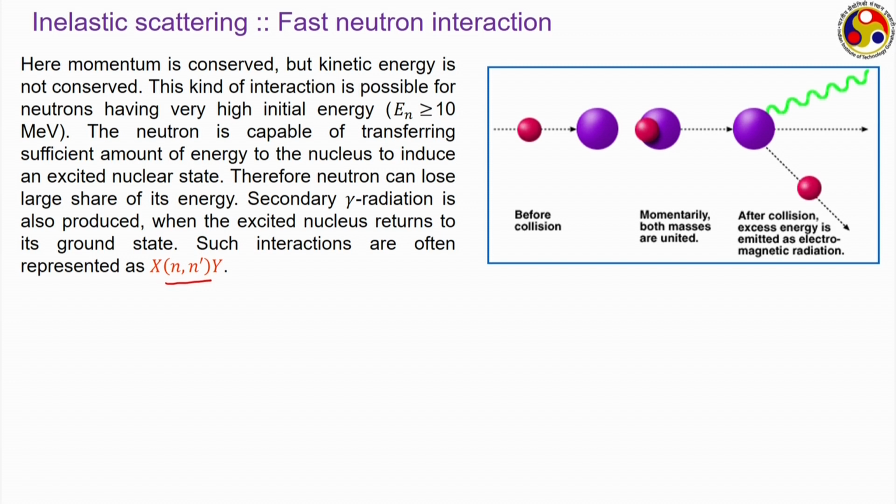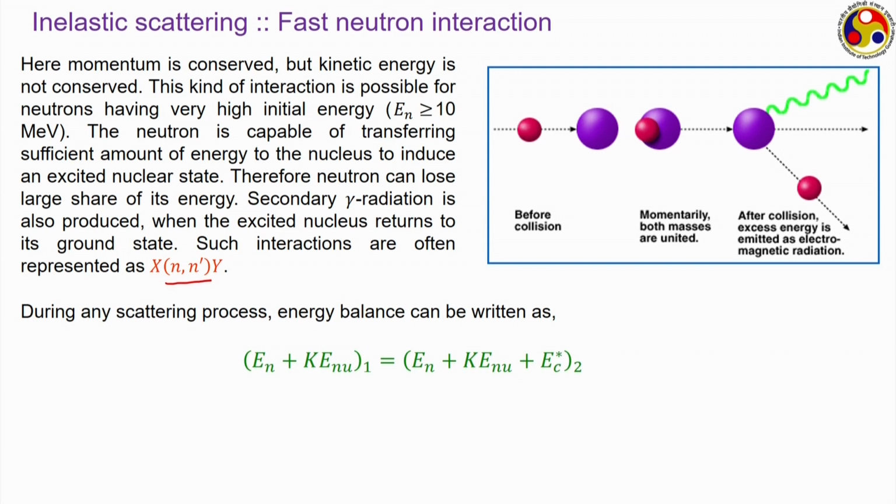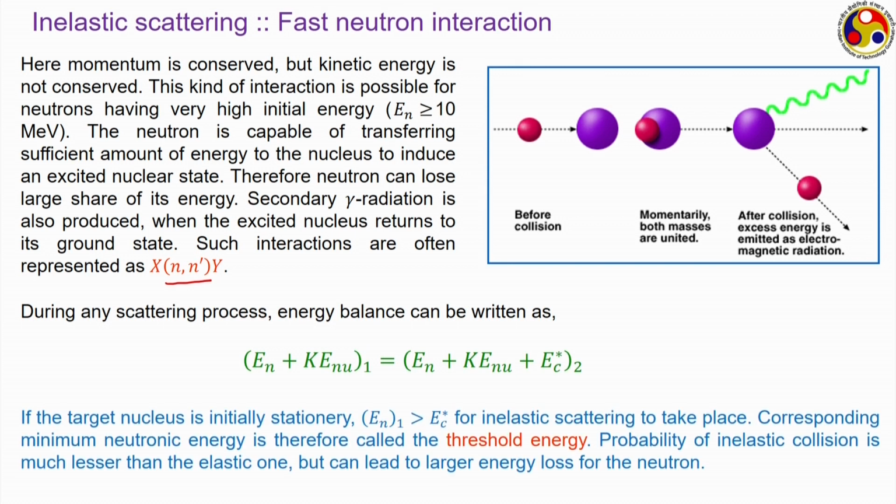So, momentum and kinetic energy both get conserved during an elastic collision process, but in this particular process energy is not conserved. As we can see here, if we write an energy balance for any scattering process, here one refers to the state before collision.